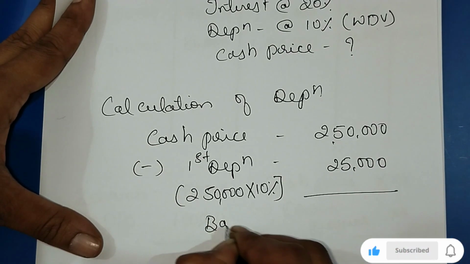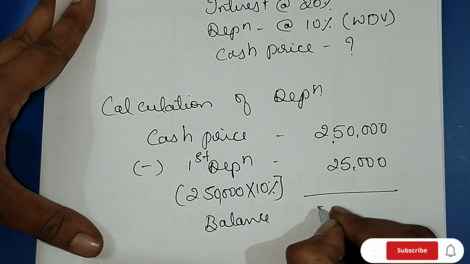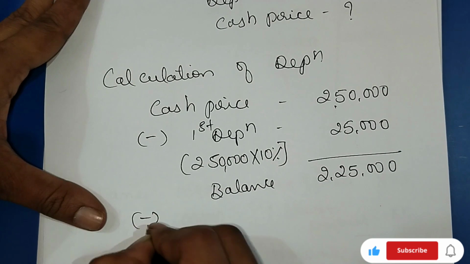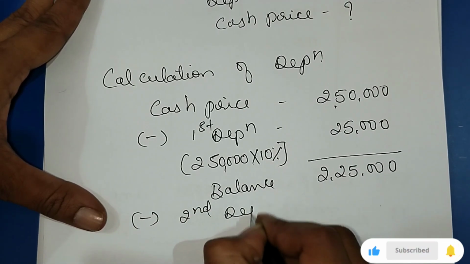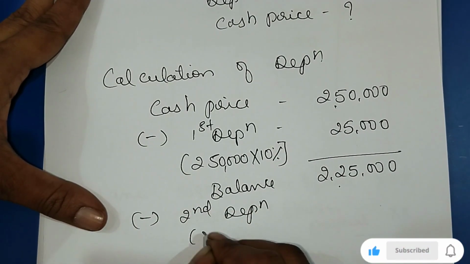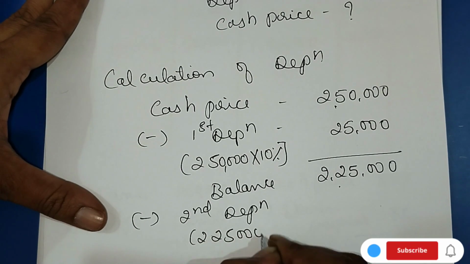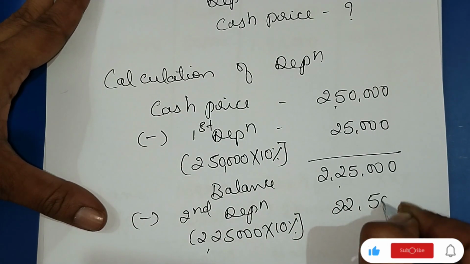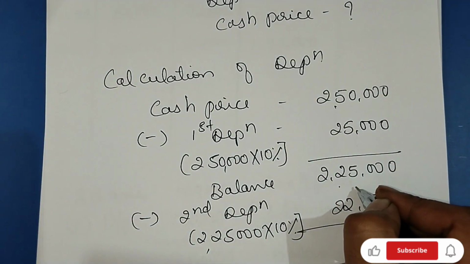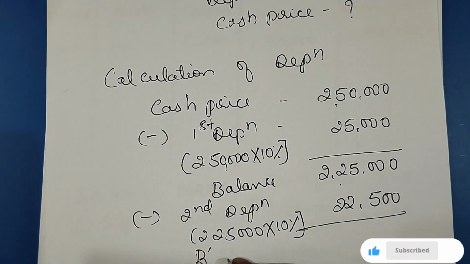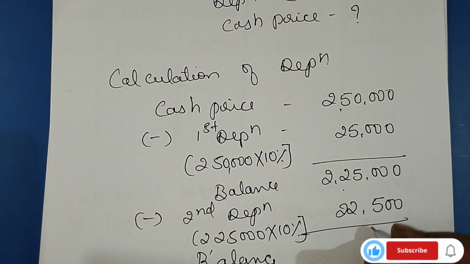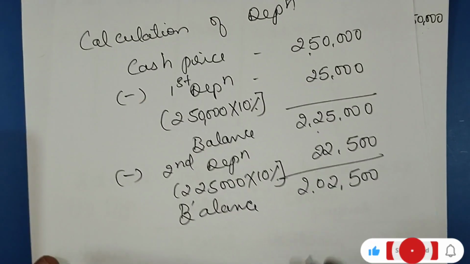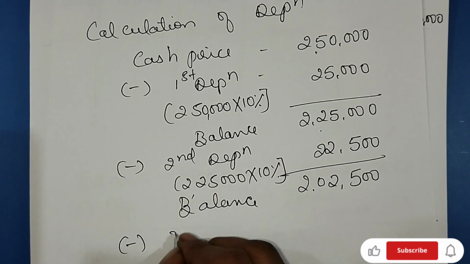Balance is 2,50,000 minus 25,000, which is 2,25,000. Now second year depreciation on 2,25,000 at 10% is 22,500. 2,25,000 minus 22,500, the balance is 2,02,500.